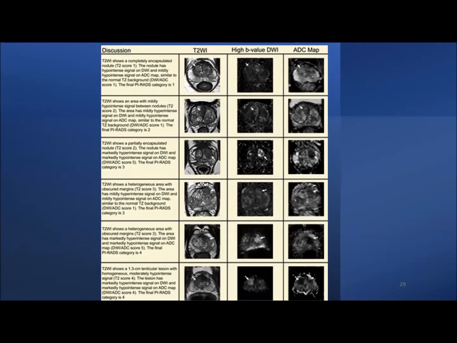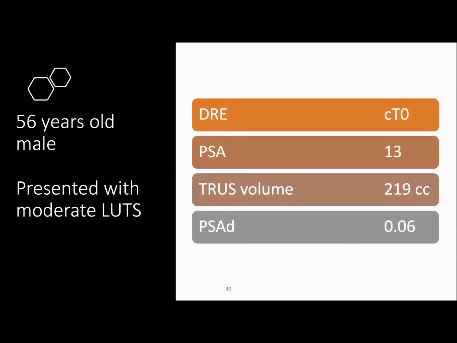And for the transitional zone, the dynamic contrast enhancement sometimes creates a problem for the interpreter to apply PI-RADS. I hope I have clarified this to a certain extent for you to understand.